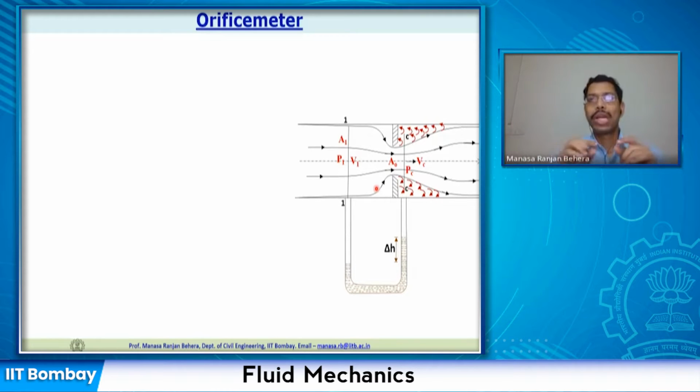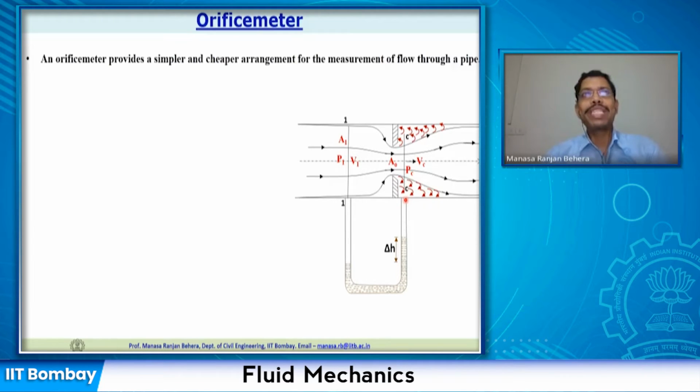It will take some time. This trajectory will keep on moving, and the minimum or contracted area is observed at a distance. That is where we attach the pressure tap to measure the minimum pressure, because we have the maximum velocity at that location, so we get the minimum pressure there.